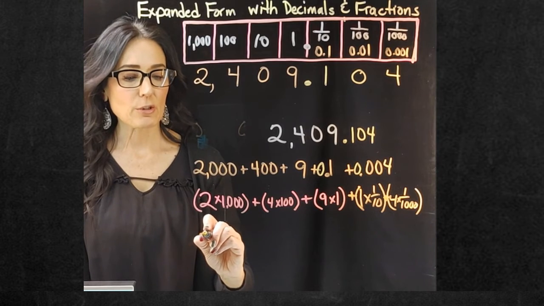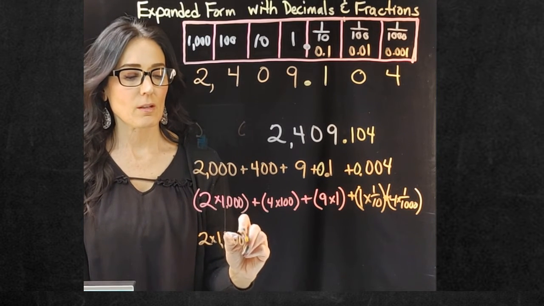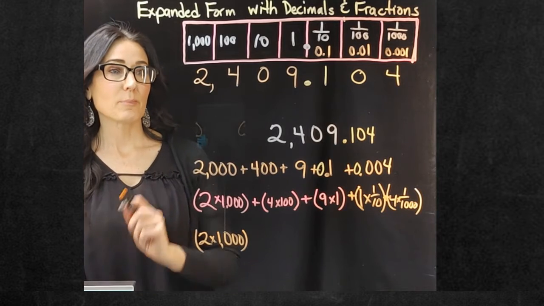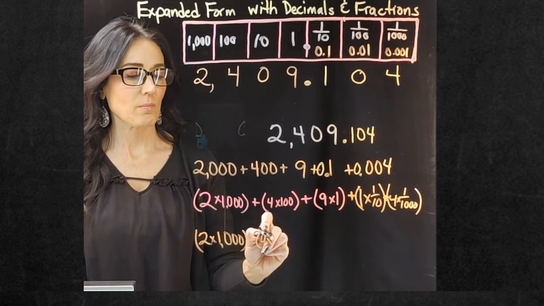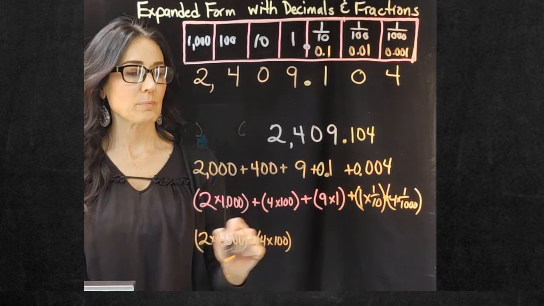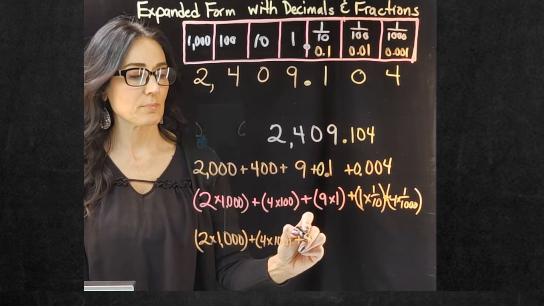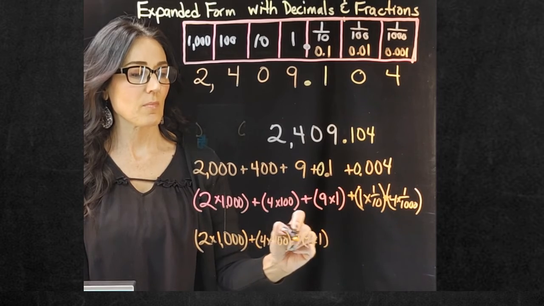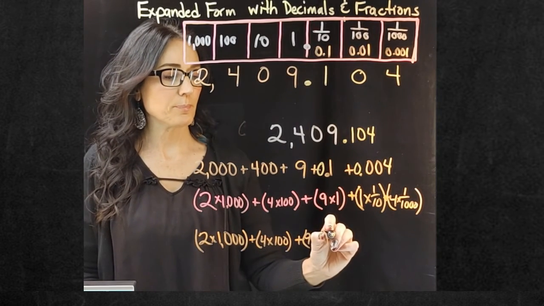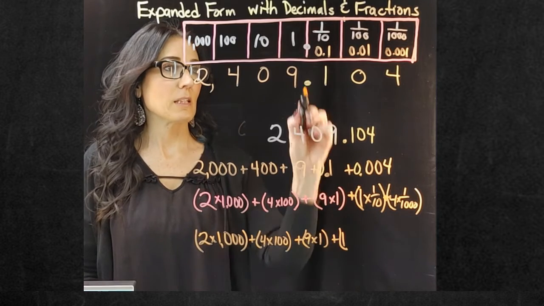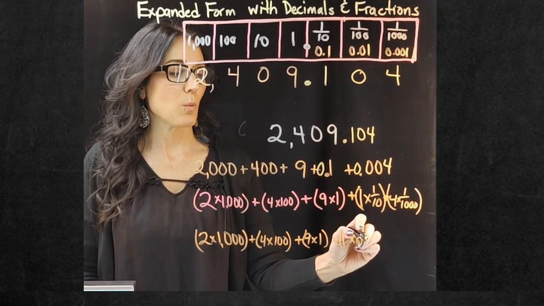So we would take 2 times 1,000 plus 4 times 100 plus 9 times 1. And for our decimals, we would say 1, because our digit is 1, times 0.1.